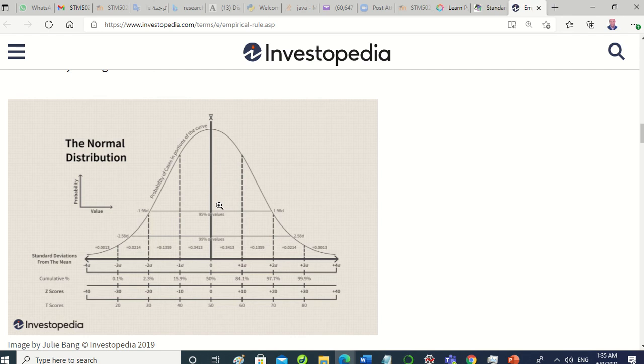I hope you understand this program and how to design a program in Python for these statistics, which depend on the mean, the standard deviation, and one standard deviation, two standard deviation and three standard deviation.